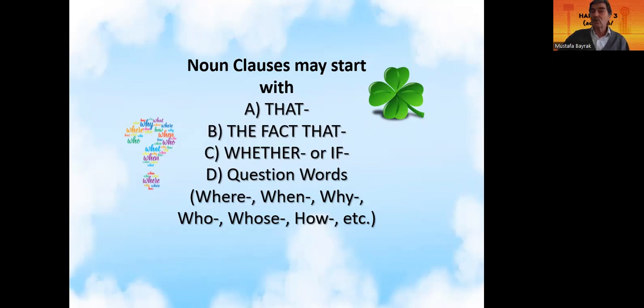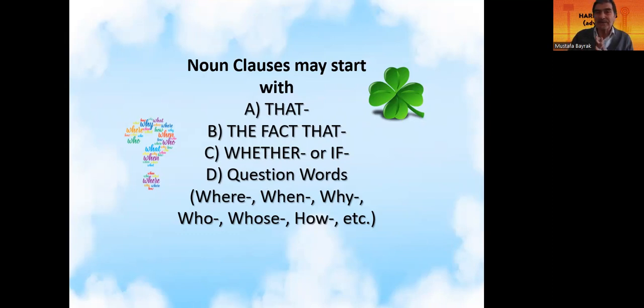Okay. Whether or if, yeah, it immediately reminded me of reported speech, direct and indirect speeches. Okay, in reported speech, all the sentences are noun clauses. Yes, as you know, question words, but we don't use them as question words here.